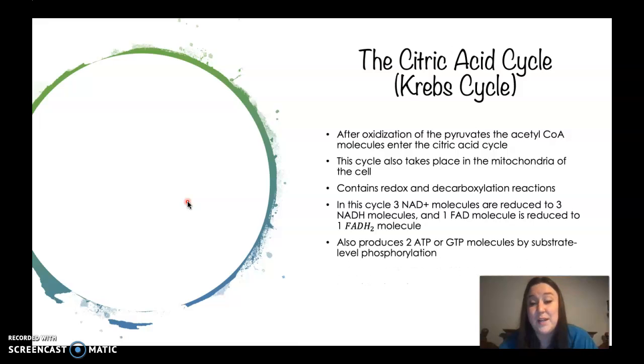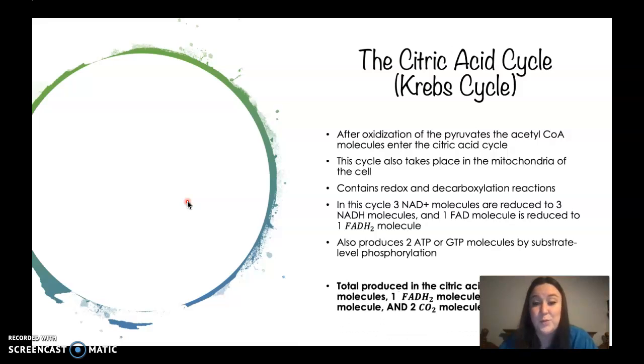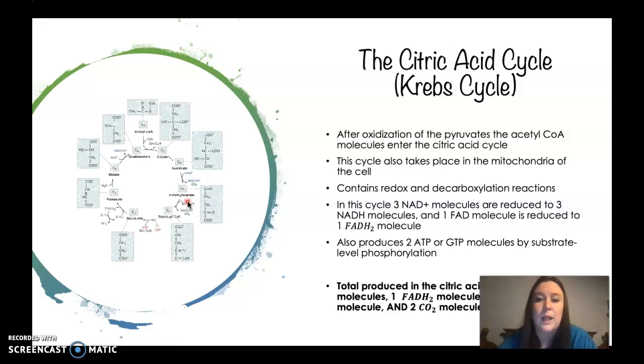In this cycle, 3 NAD+ molecules are reduced to 3 NADH molecules, and 1 FAD molecule is reduced to 1 FADH2 molecule. We also produce 2 ATP or GTP molecules by substrate level phosphorylation, and it depends on the cell type whether we produce ATP or GTP.